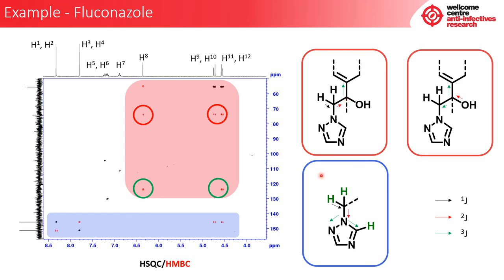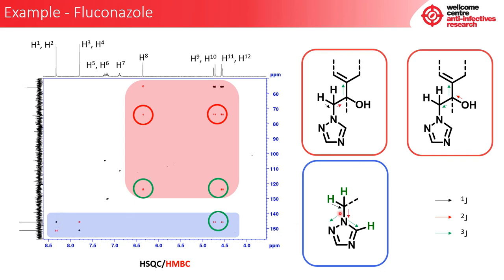So let's now look at the blue structure here. What can we determine from this? The CH2s can only see one set of aromatic peaks, an aromatic peak that is associated with this triazole ring. But which one? Which one can it see? What is this carbon signal here?